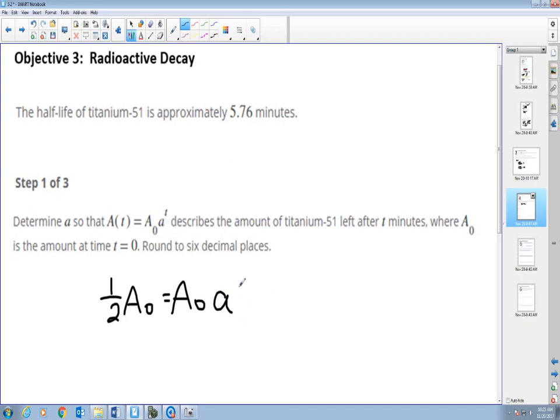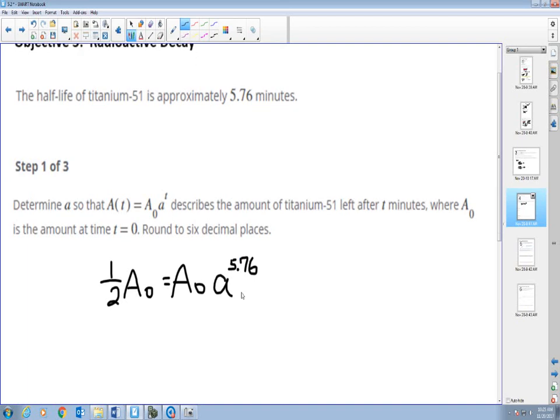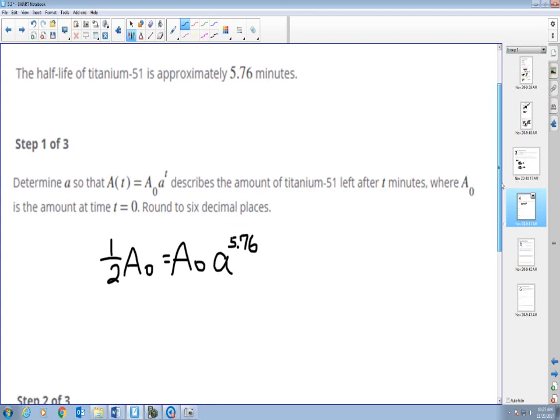My T is 5.76 minutes, because after 5.76 minutes, what I have left is half of its initial amount. That's what I mean by half-life. So we use very particular elements, the type of element where we know the half-life, to date back how old something is.